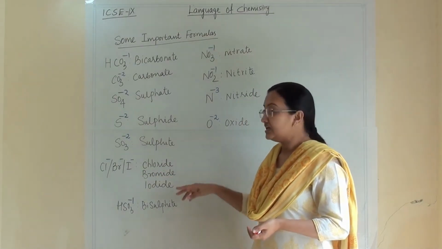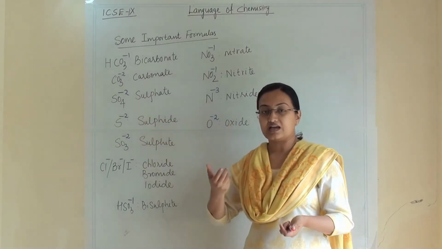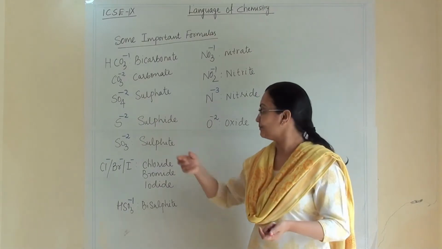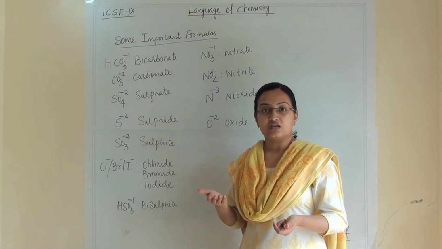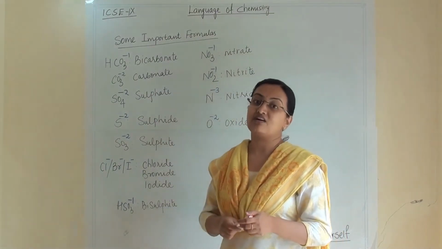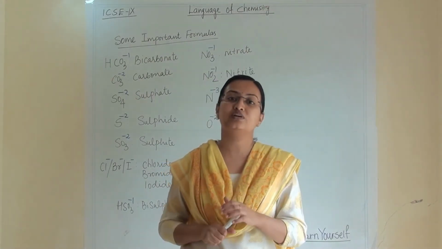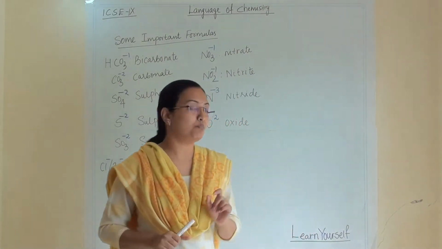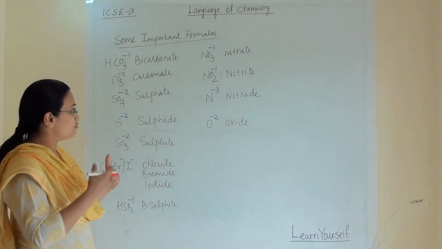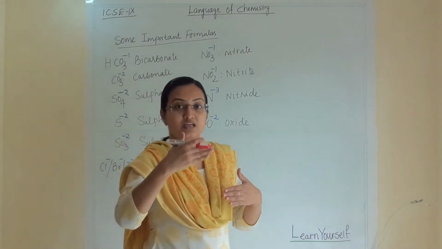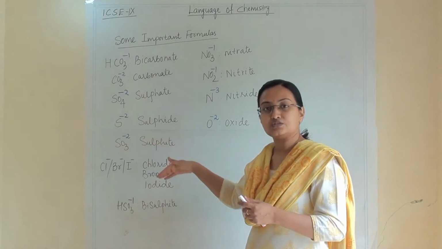But polyatomic means it has more than one atom: 2 atoms, 3 atoms and so on. These negative ions have specific names, and we have to use that particular name for our compound. Let us understand one by one, and if you see it in a particular sequence, it will be very easy to remember.